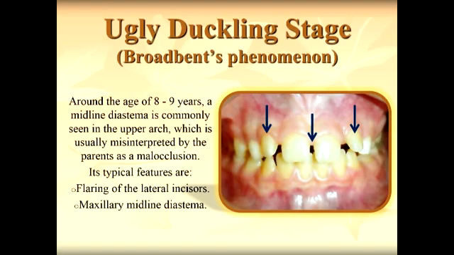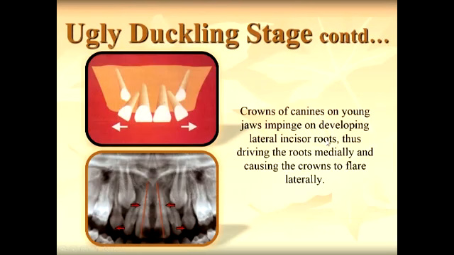It is a typical feature characterized by flaring of the lateral incisor, as shown here, maxillary midline diastema, also crowns of the canine in the young jaw impinging on the developing lateral incisor root, and thus dividing the roots medially and causing the crown to flare laterally, as shown here and in the X-ray.